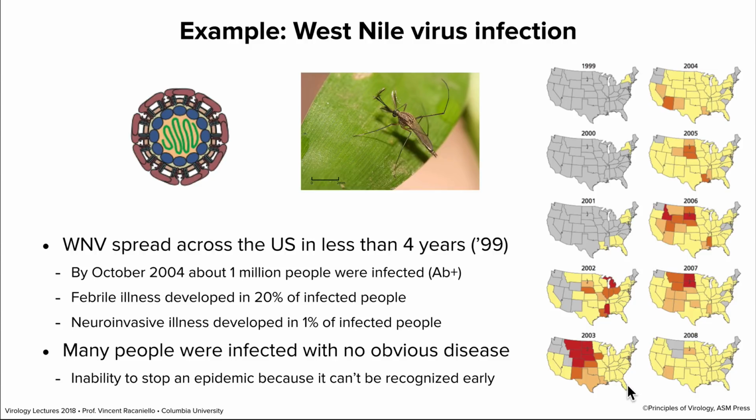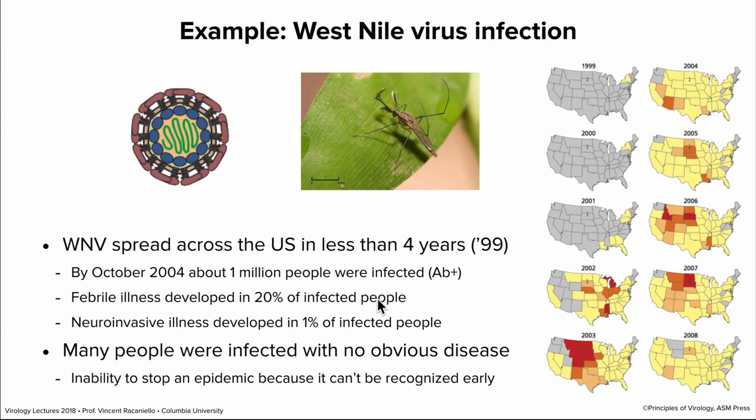And that's in part because of the vector, which is less distributed than Culicine mosquitoes, but also because there is no non-human reservoir. By October of 2004, about 1 million people were infected. We know this because we did serological surveys where we take serum from people and we measure antibodies against the virus.